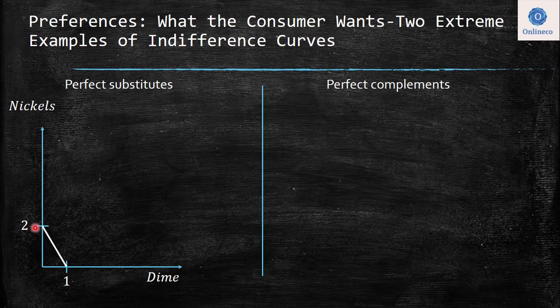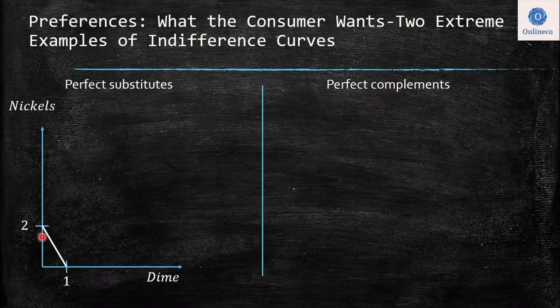When you join them, this is the indifference curve. As you notice, this is equal to the budget constraint in one way. The slope is constant because you want to exchange 2 nickels for 1 dime all the time.